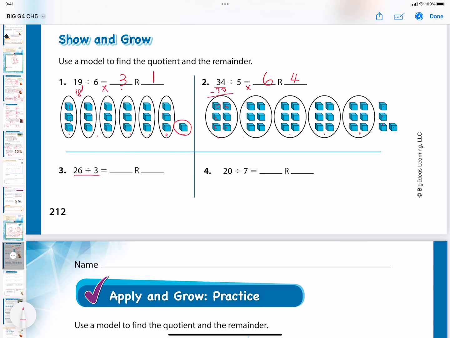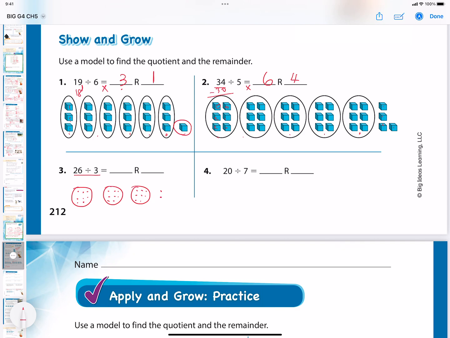So now 26 divided by 3, there are how many equal groups? Yes, 3 equal groups. And we are going to count 26 at a time to know how many counters can be in each group. Okay, 1, 2, 3, up to 26.